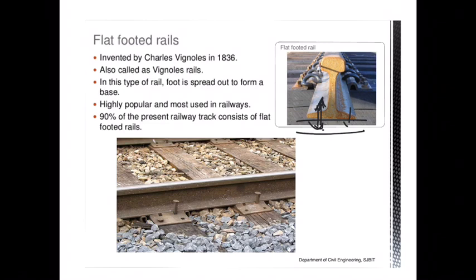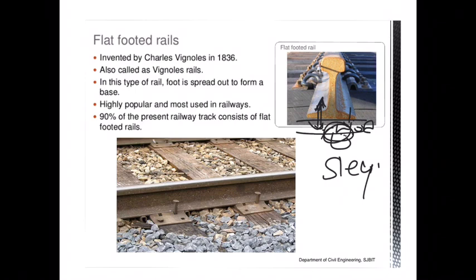But it was found that whenever you directly fix the rail onto the sleeper section, the wooden sleepers used to get worn out. They used to get damaged under the application of heavy moving load, so the lifespan and durability of the sleeper section was reduced.